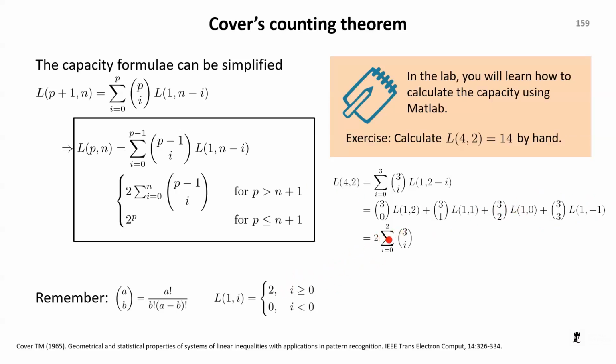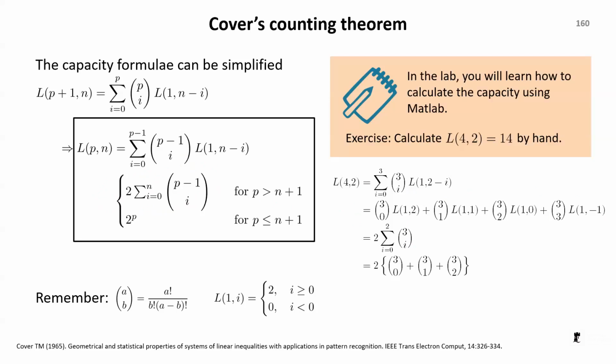So we have 2 times the sum over i until 2 of binomial 3 choose i. And that is exactly this second form. Okay. So this second equation comes from expanding it, removing the negative term, combining them together, and finding the sum. So you can see we just derived this equation by solving a specific problem.